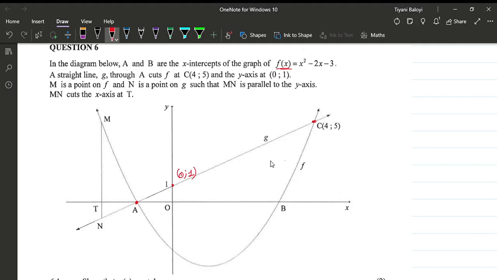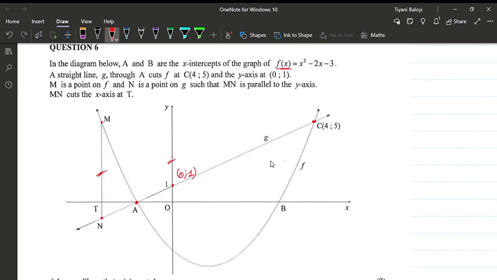M is a point on f, that is M, and N is a point on g, and this is your point N. It says such that MN is parallel to the y-axis. So these two are parallel to each other, the y-axis and MN.